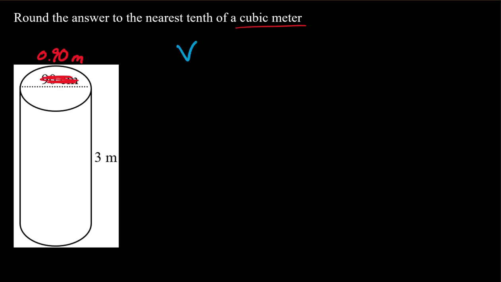Let's try this out. The volume of any prism, and a cylinder is technically a prism, is the area of the base times the height that it's been stretched in. So the area of the base, what is the base on here? Well, the base is a circle. So that's pi r squared, and then the height of the prism.